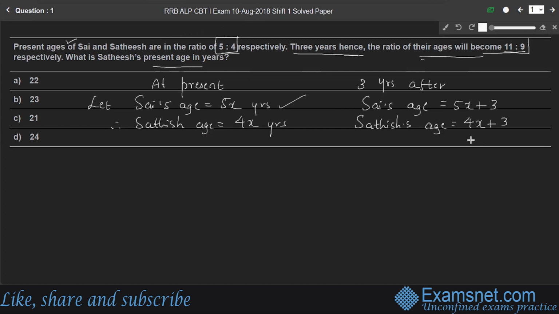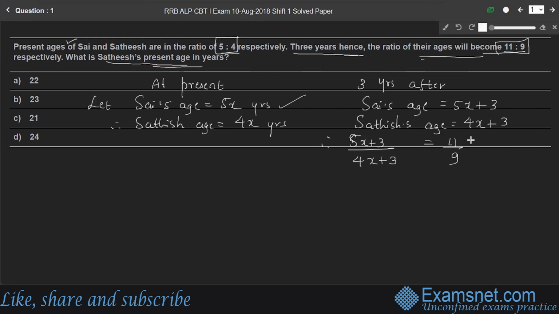And the ratio of their ages means 5x plus 3 divided by 4x plus 3, Sai's age to Satish's age. The ratio is 11:9, which is 11/9.